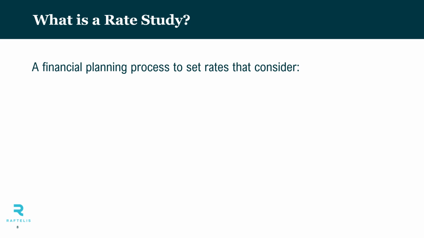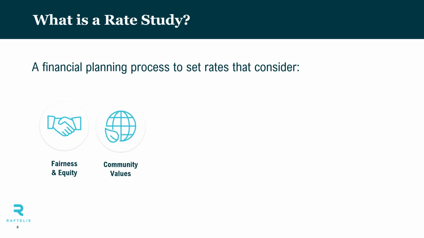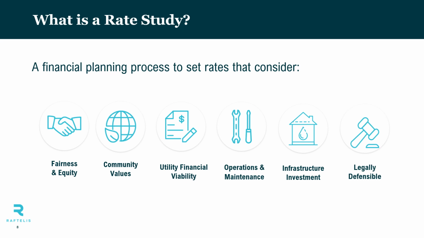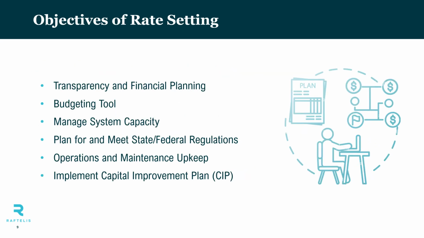The rate study is a financial planning process to set rates that consider the following factors: that rates are fair and equitable, aligned with community values and priorities, that rates are sufficient to ensure the utility's continued financial viability, ensure efficient operations and critical routine maintenance, enable critical infrastructure investment and comply with ever more stringent regulatory requirements, and that rates are in compliance with state law.